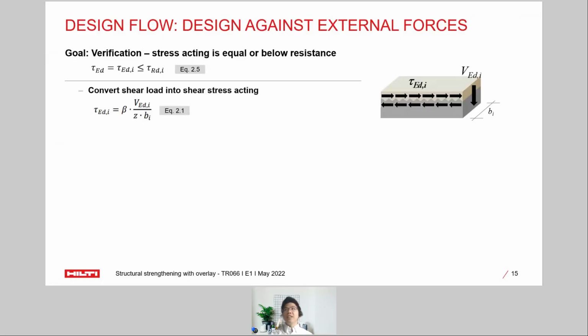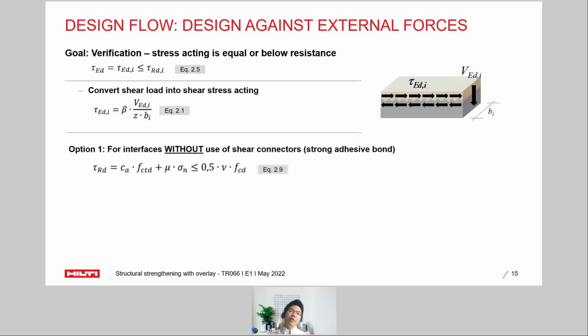The shear stress is V_Ed divided by the cross-sectional area, which is z times b_i. Here b_i is the width of the concrete, and z is the inner lever arm of the composite section. Simply, load divided by area gives you the shear stress.